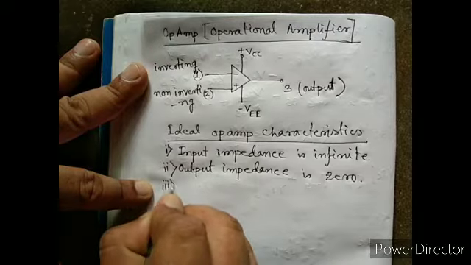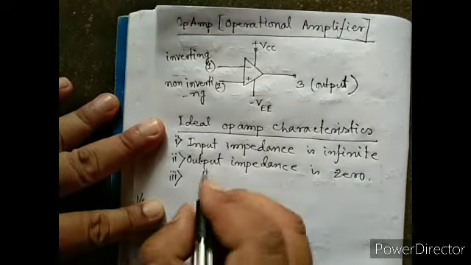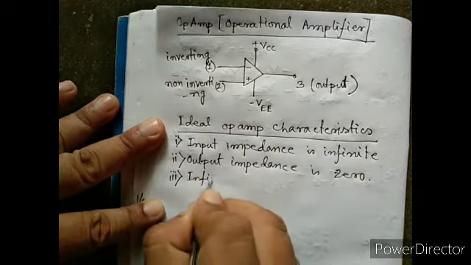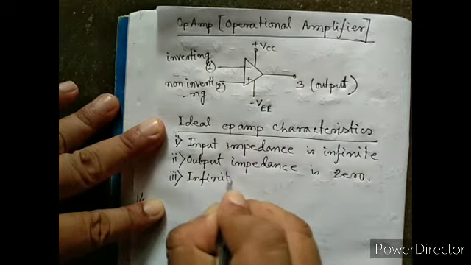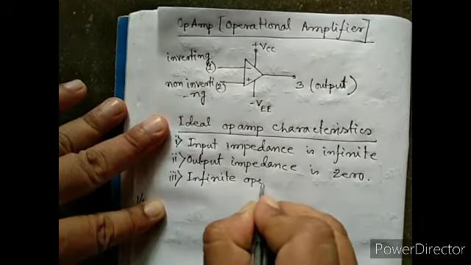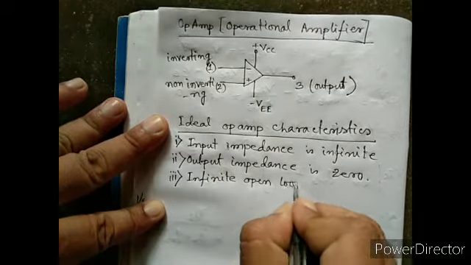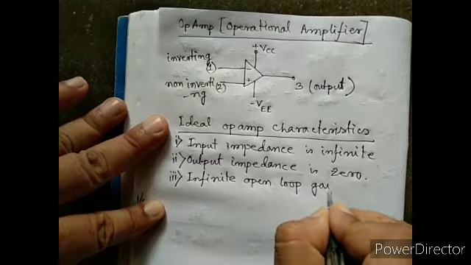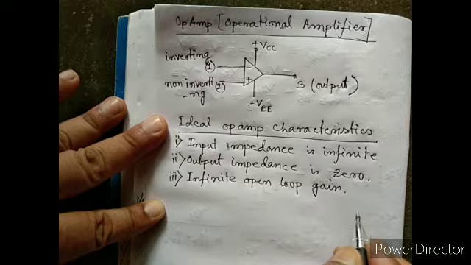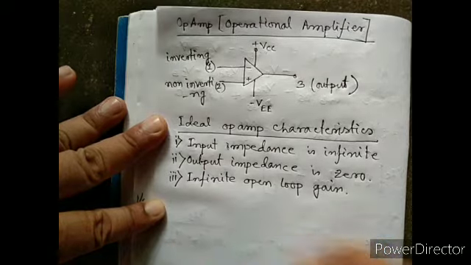Third point is infinite open loop gain. Open loop gain of an ideal operational amplifier is infinite.